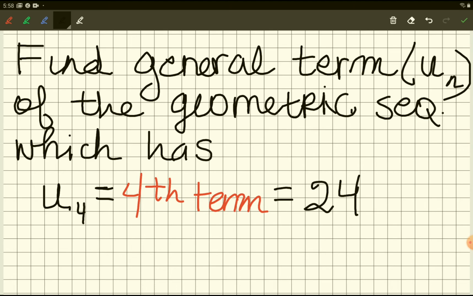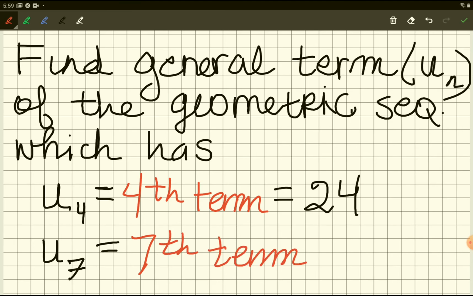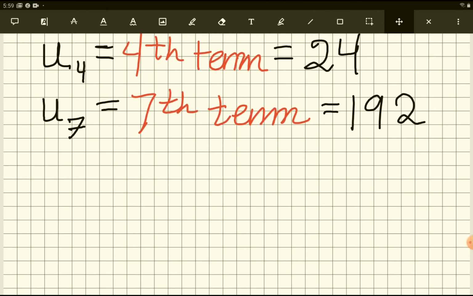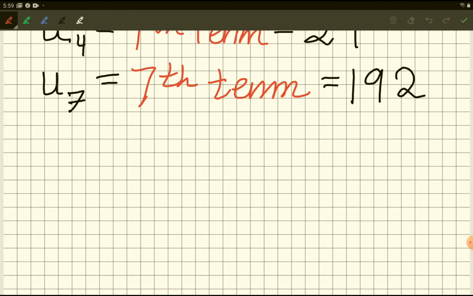And then the 7th term, which is 192. Okay, so they gave us two weird values. They gave us the 4th term and then they gave us the 7th term.